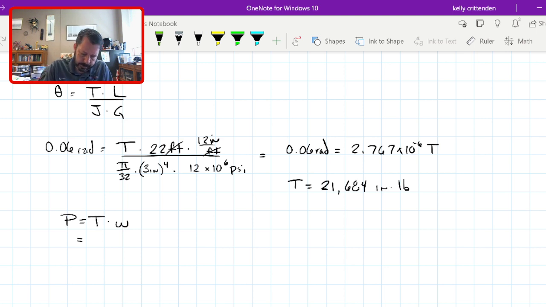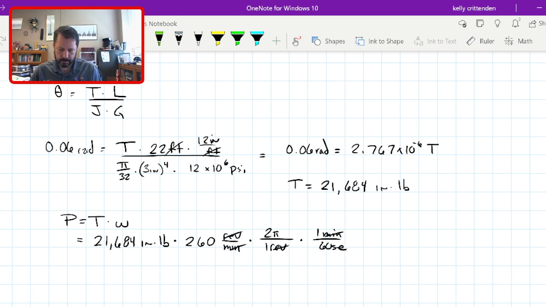Oh, yeah, I got those weird units. 21,684 inch-pounds times the speed of this thing, which was 260 revolutions per minute, but for power I want inch-pounds per second, so I've got the inch-pound part. 1 revolution is 2 pi, and 1 minute is 60 seconds.